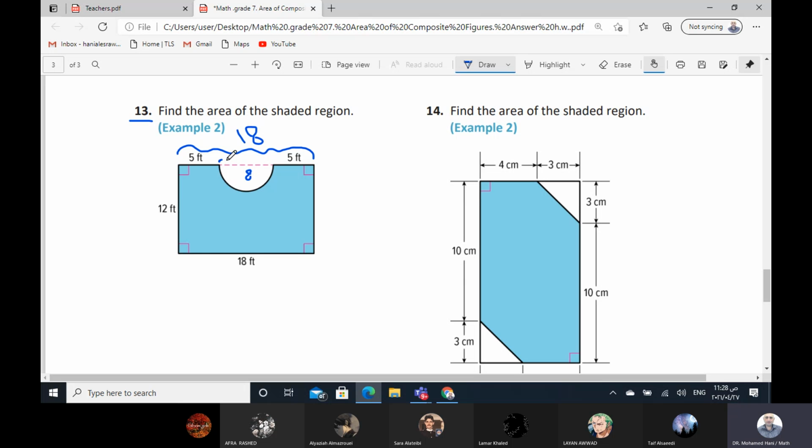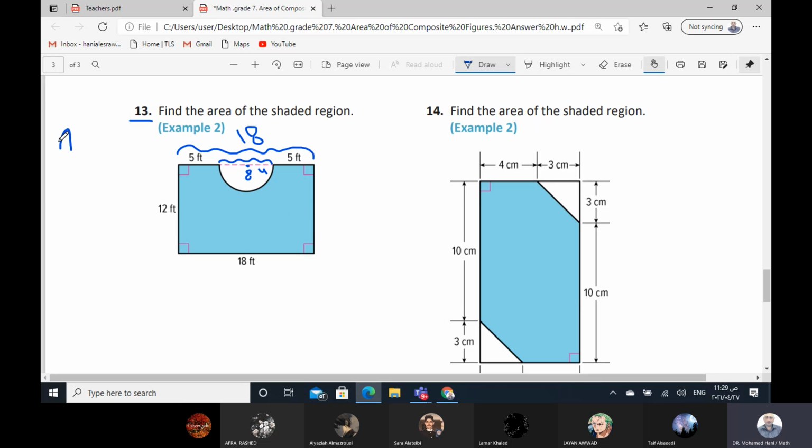So 8 is the diameter of the semicircle, means the radius will be the half, means 4. From here to here will be 4. So to find the area of the shaded region, I will find the area of the rectangle, then the area of the semicircle. Then we can subtract the area of the semicircle from the area of the rectangle to find the shaded region.